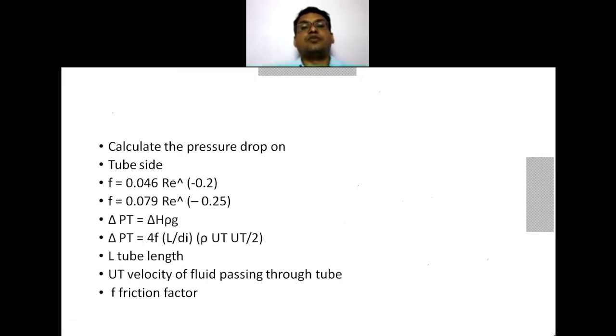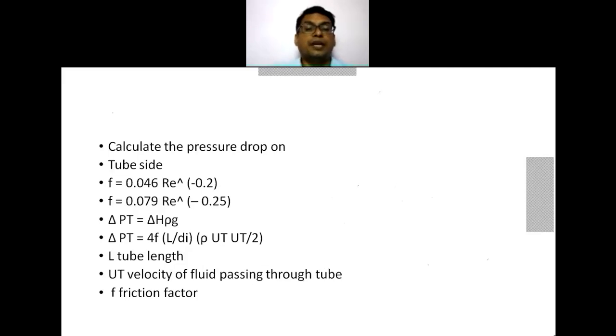Then next is the calculation of pressure drop on the tube side. We have the friction factor F equal to 0.046 into Re raised to the power minus 0.2, which we have studied in fluid mechanics or fluid flow operations. The second equation that is also there is 0.079 into Reynolds number raised to minus 0.25.